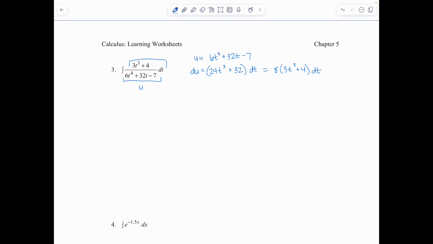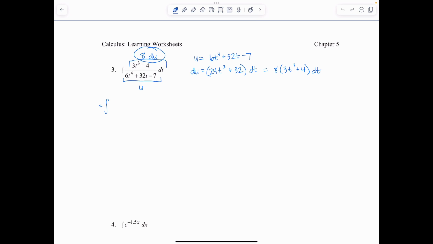We have 8 du here. So, because there are 8 du, I'm going to have to divide that 8 out when I'm substituting in the u values.